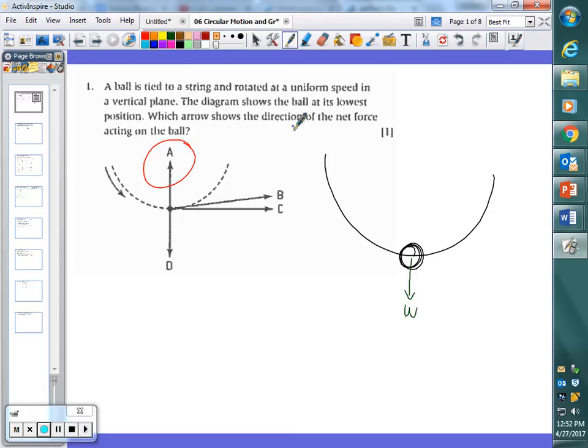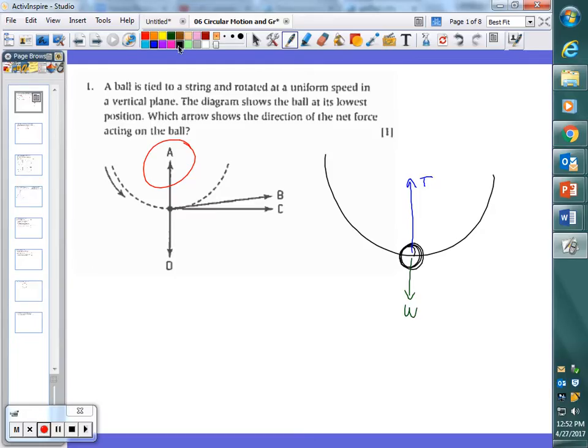But there is a string that's going this way. The combination of those two, the net force, has to point towards the middle. So which one has to be bigger? T has to be bigger than W in this case. Does that make sense?